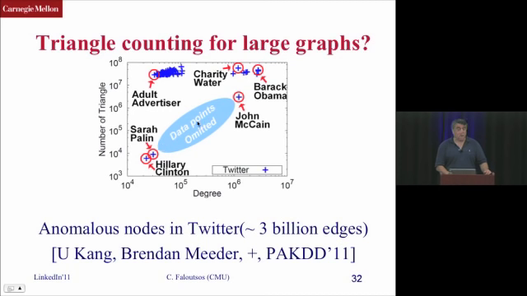There are a lot of points here that we deleted to make the plot clearer. There is a cloud of points here which have an extremely high number of triangles given their degree. Closer inspection showed that these are adult advertisers, right? So this is an easy way of spotting strange abnormal patterns.